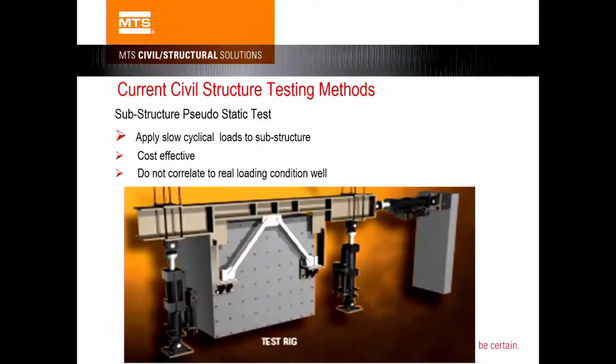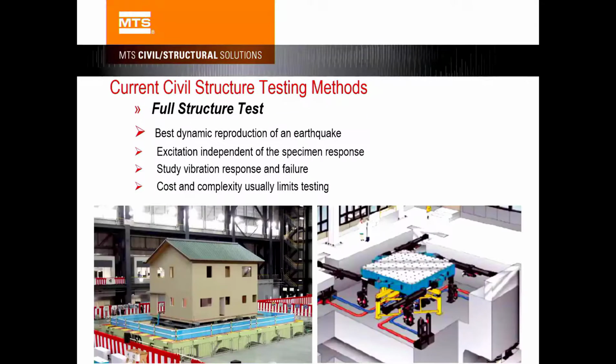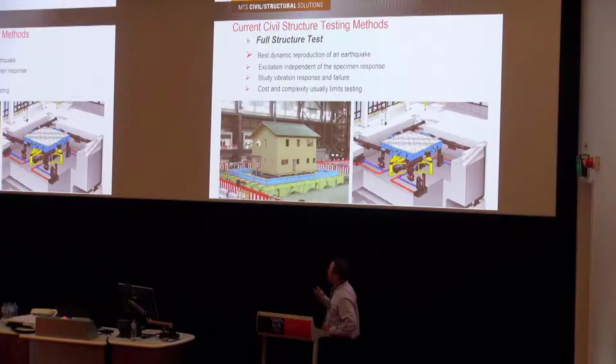So people have to build a small scale specimen and shrink down the specimen, sometimes by a scale of 1 to 50. Then a lot of the details are lost, and the accuracy of the test is a question. So that's the shaker table test, but a lot of research institutes still do shaker table tests.